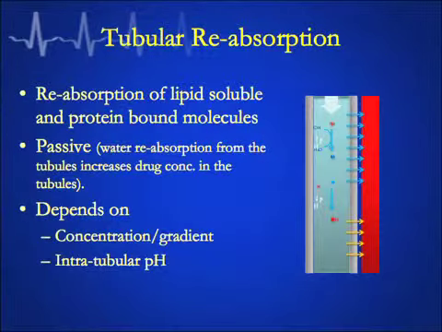Okay, let's talk a little bit about reabsorption. All lipid-soluble molecules get reabsorbed because the wall of the lumen is lipid, and it is passive. Filtrate is coming down, water is getting absorbed, so concentration is high, and because of the high concentration more molecules get reabsorbed.